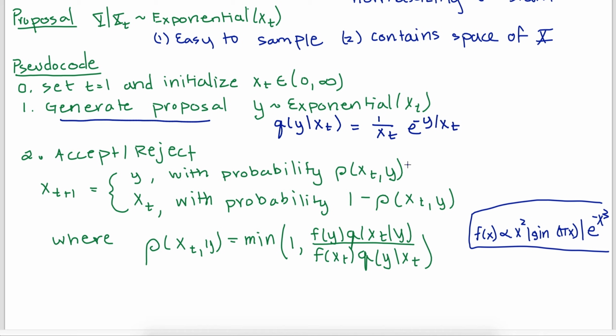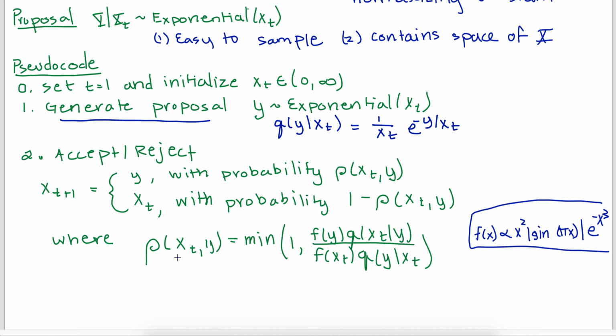Don't get confused there. Our next step is to figure out the acceptance or rejection of our proposed value y. So xt plus 1, the state we are going to move into next, will either be y, our proposed value, or the same place we already are. And again, that probability is according to rho.